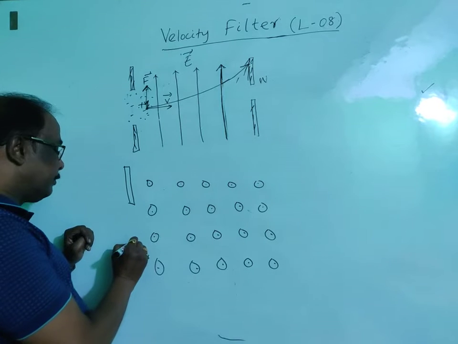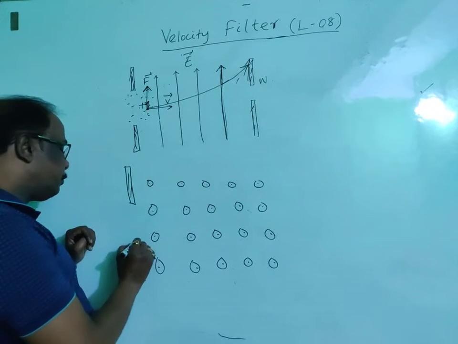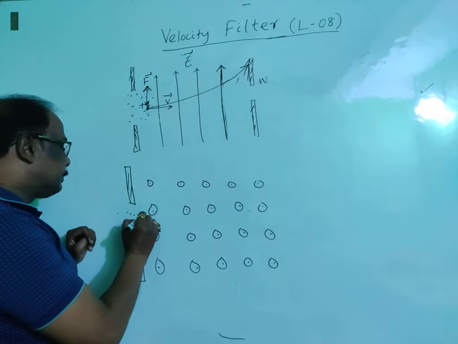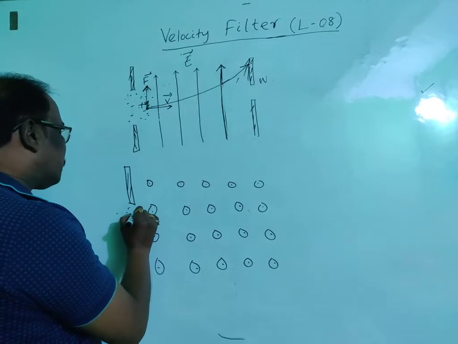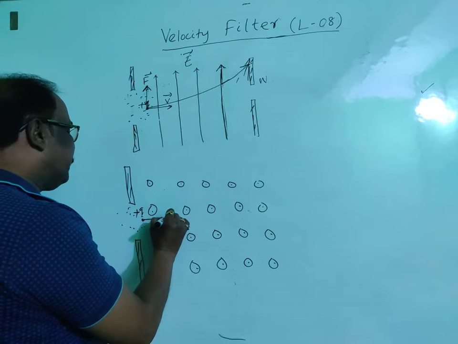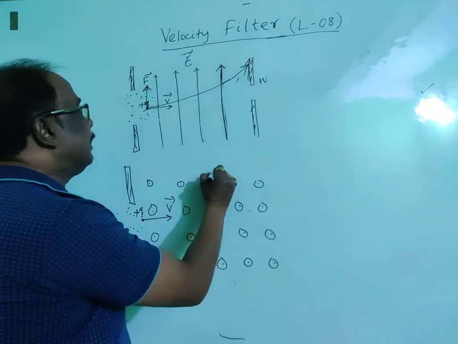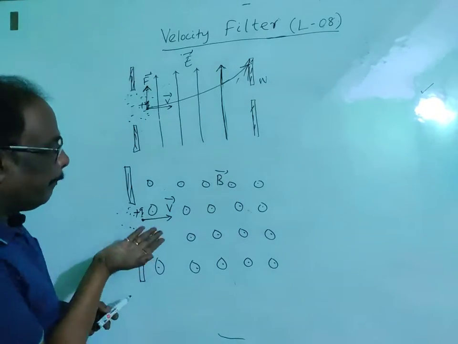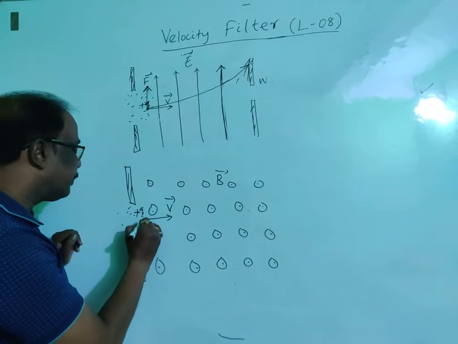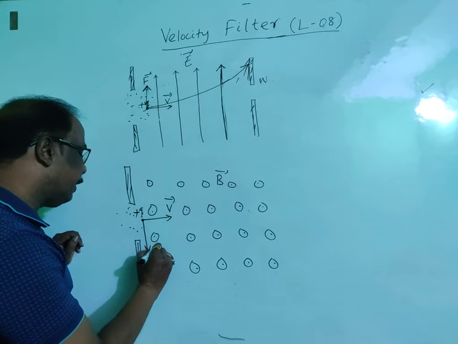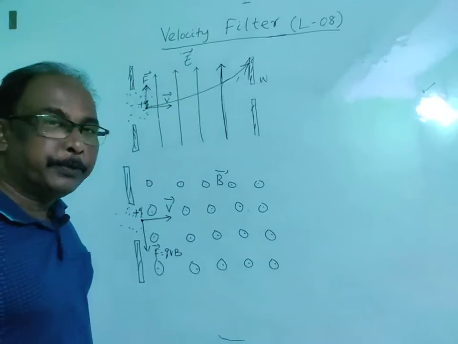This is an entrance, and a number of charged particles are entering through it. Let's consider a positively charged particle +q. The velocity given to the particle is v and the magnetic field is outward. Then by v × B the force is in the downward direction, and the magnitude of force is qvB.